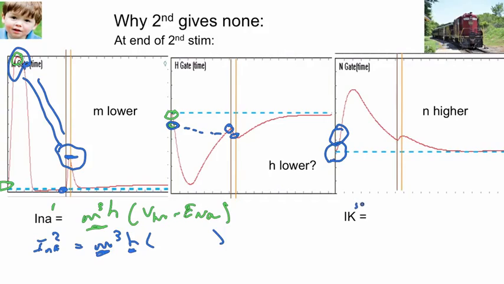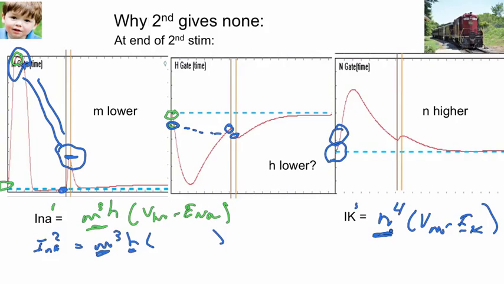So gK1 to the fourth times (Vm minus EK). Pretty good size. In any event, we use it as our reference point.